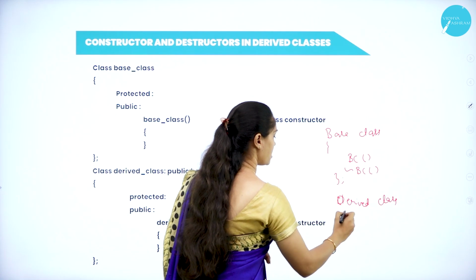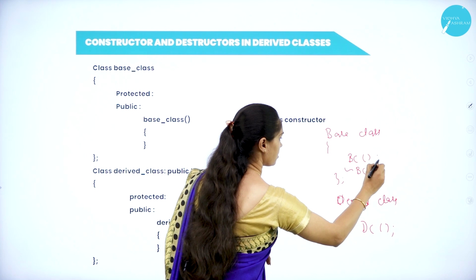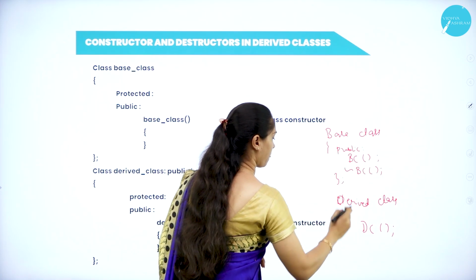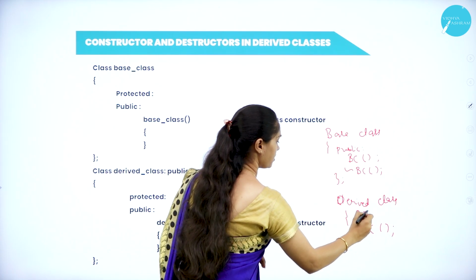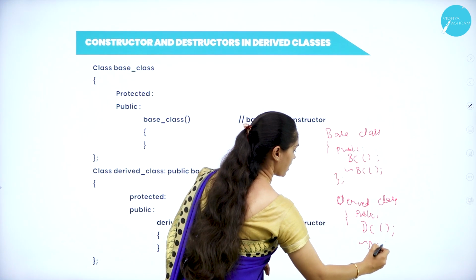In that derived class, I have a derived class constructor, which must be under public. Here also it must be under public. And I have the destructor of the derived class.